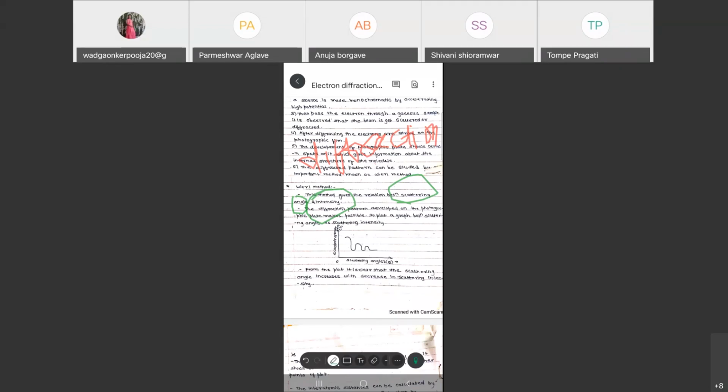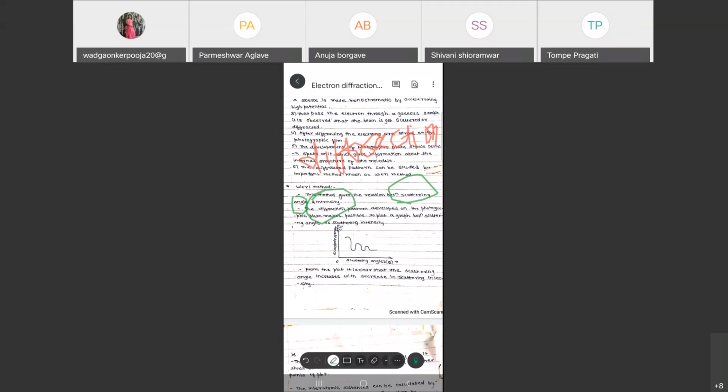If you are not aware, or have not completed the previous class, I request you to go to my Google Classroom, take the second class of electron diffraction, complete that measurement technique first, and only then come to the Virial equation, and then you can know the scattering angle and the scattering intensity.